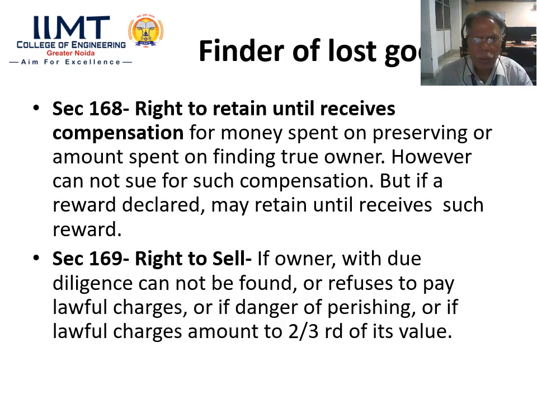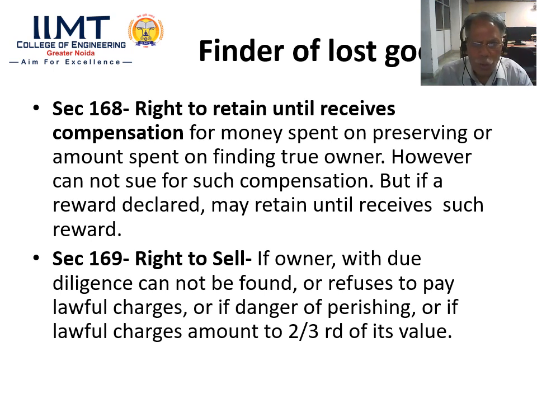Now let's see another angle of bailment: the finder of lost goods. How is bailment applicable in the case of lost goods? Section 168 of the Indian Contract Act 1872 lays down the right to retain until receiving compensation for money spent on preserving the goods or on finding the true owner.